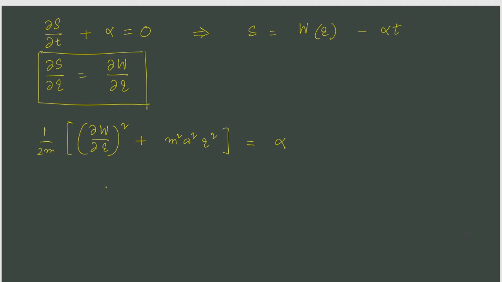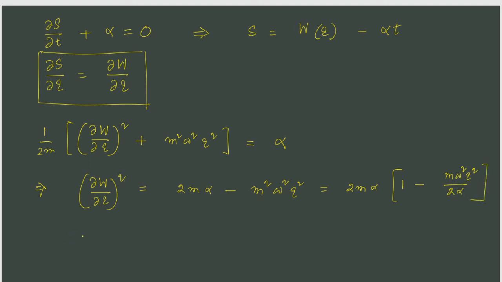It's not difficult. We simply rewrite this, take this and subtract. We can even simplify it a bit, and then for the partial derivative, we take only the positive square root.